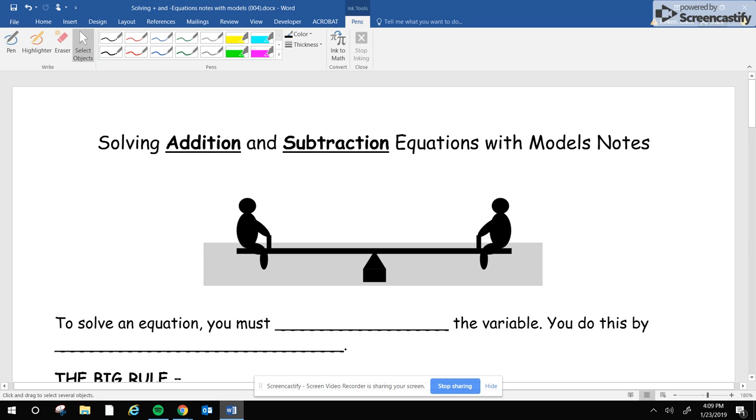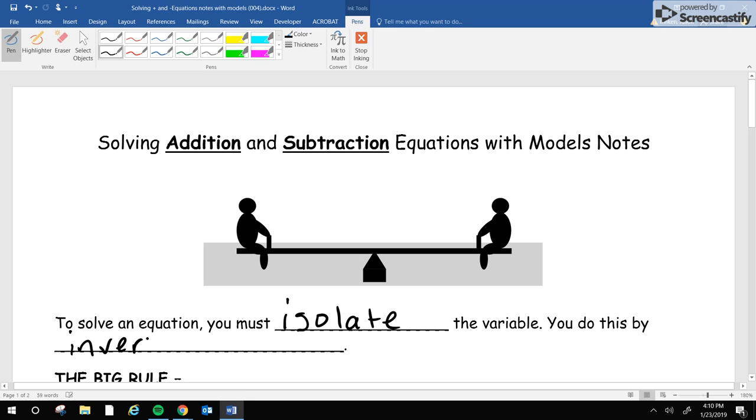Okay, today we're going to solve addition and subtraction equations with models. So the first thing, to solve an equation, you must isolate the variable. You do this by inverse operations.